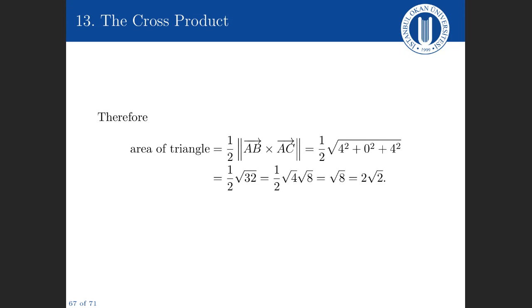Therefore, we can use our formula. Area of a triangle is half multiplied by the norm of AB cross AC. Put the numbers into this, calculate the norm. We can find that the area of this triangle is 2 square root 2.